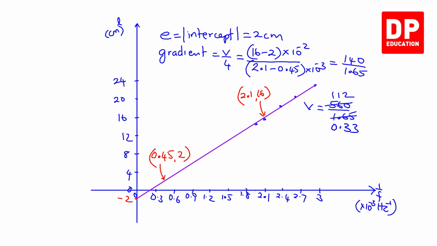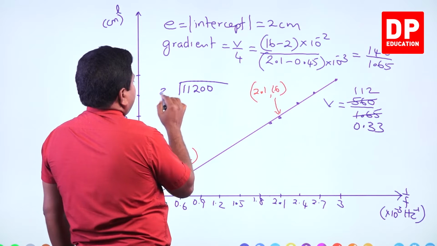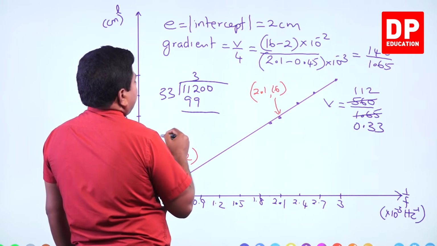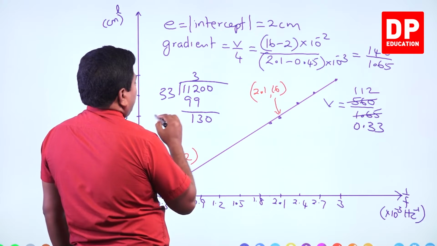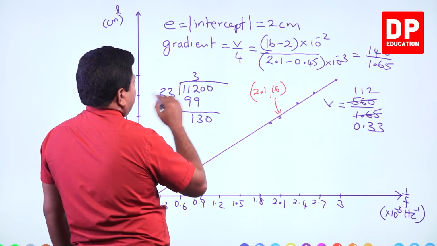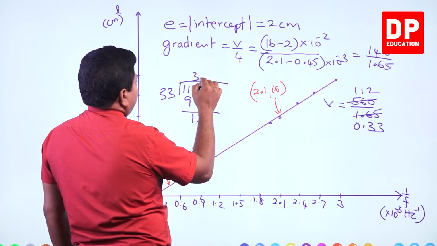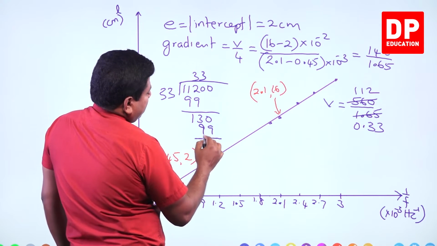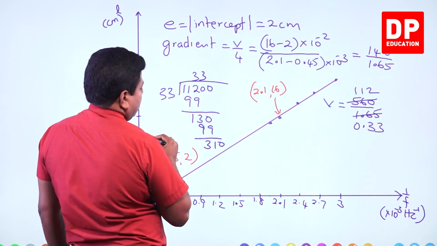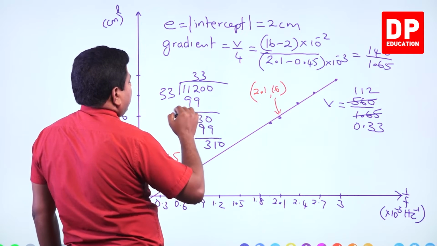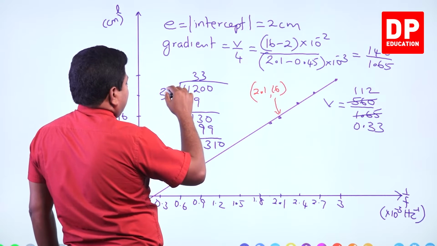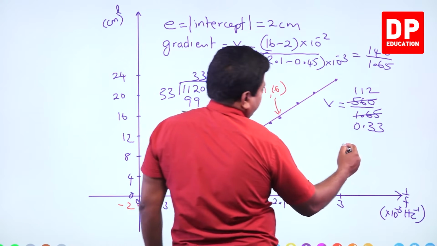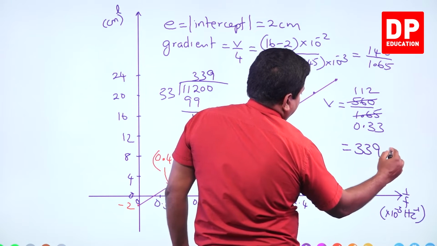So it's 11200 divided by 33. 4 is not enough, 3, 99, 13, 130, 4 still not enough, 3, 99, 31, 310 will give you around 7, 8, 9, 339. Yeah, so approximately you get 339 meters per second.